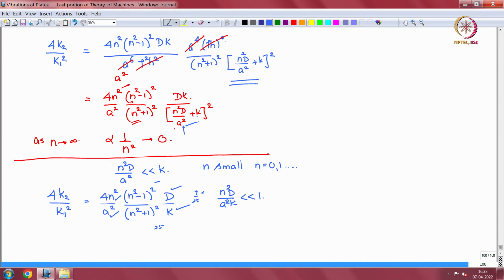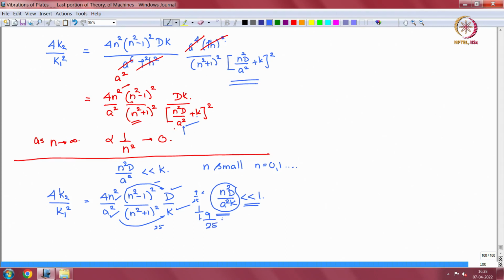Now what we are saying is that n square d by a square k is a small value, and therefore the small value multiplied by the ratios that we get over here: for n equal to 0 we get 1 by 1, for n equal to 1 we get a 0, for n equal to 2 we get 9 by 25.